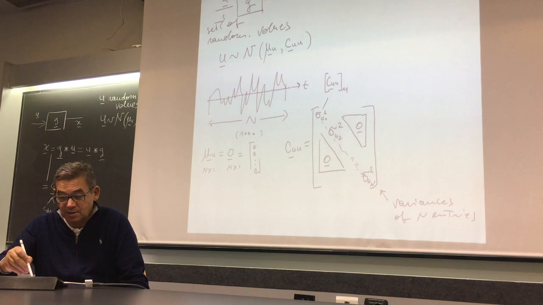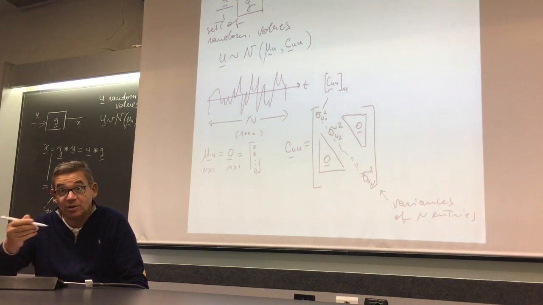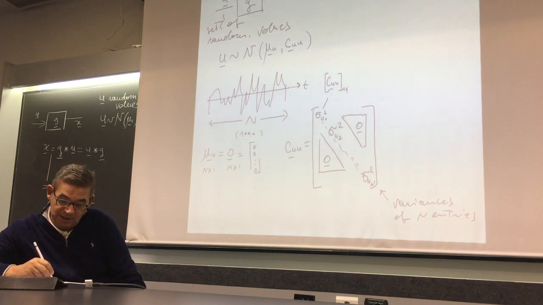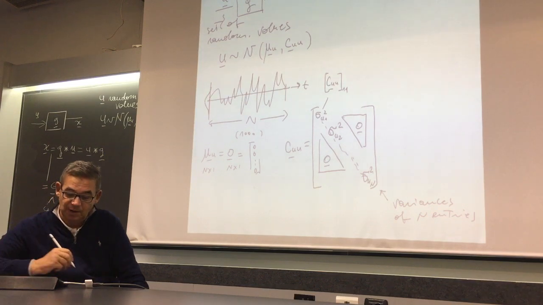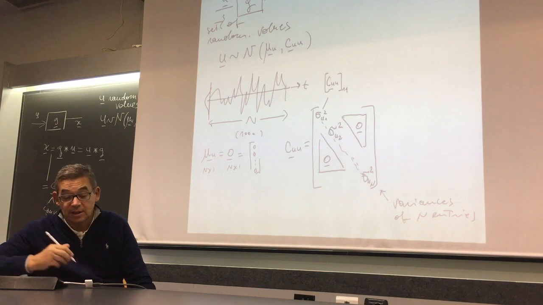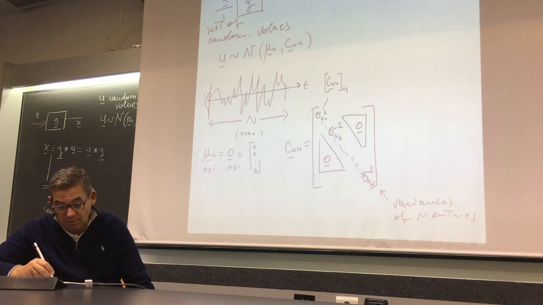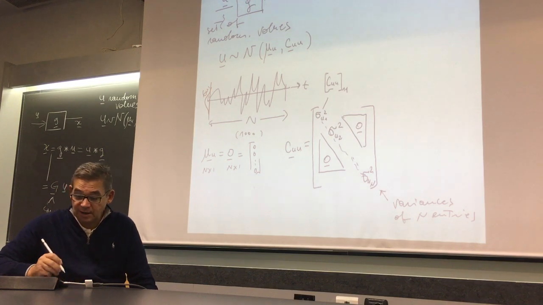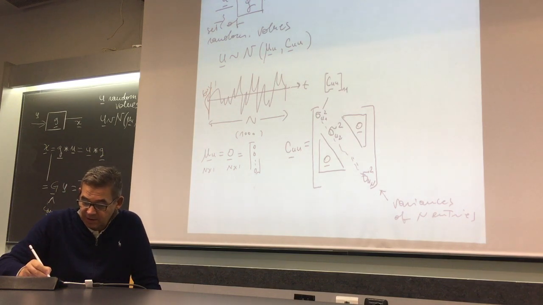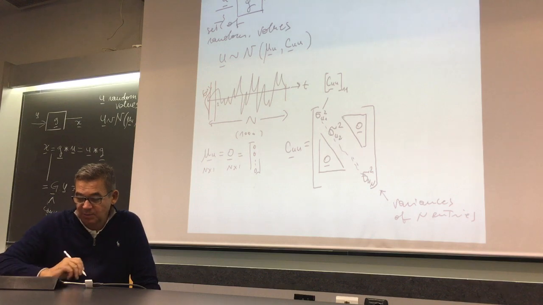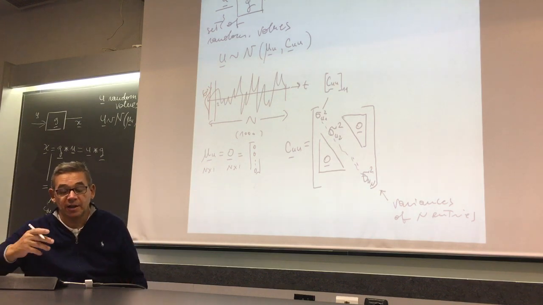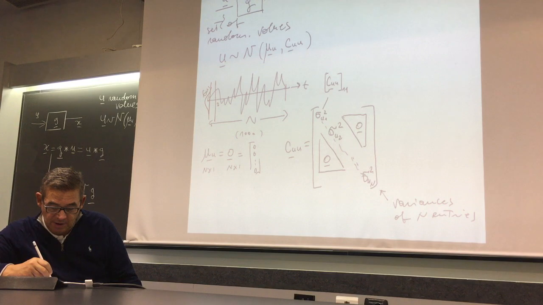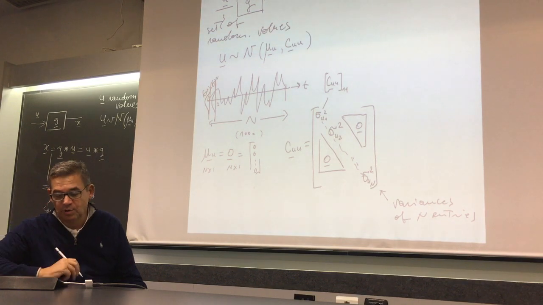I take this sample, and the deviation is equal to sigma_u1. Then I take the second sample, sample number 2, and this one has a variance sigma_u2, and so forth.